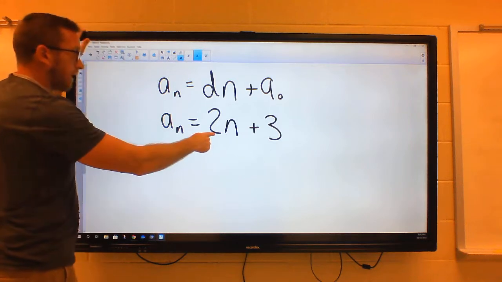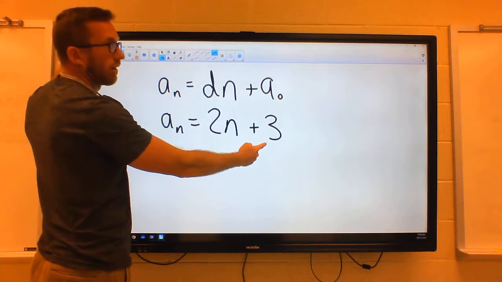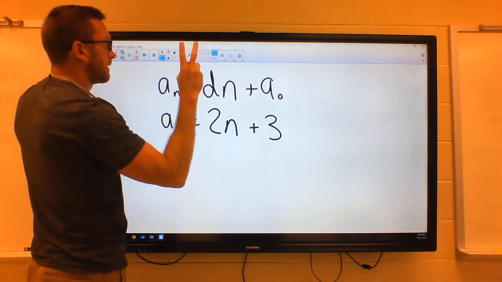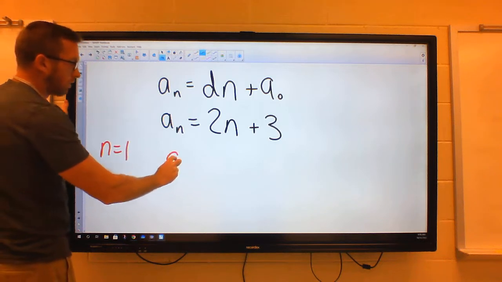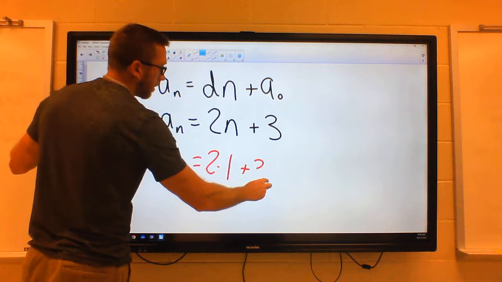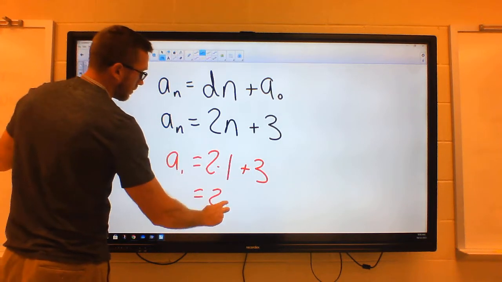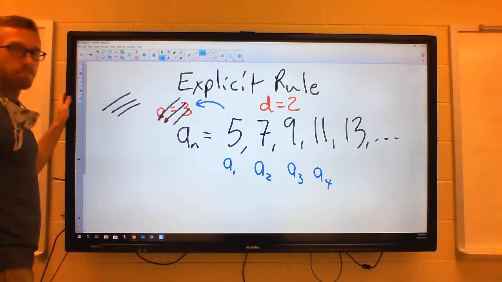And so we've got our rate of change, how much it goes up by, plus, for all intents and purposes, the zeroth term. If we tried this with n equals 1, we could find a1 equals 2 times 1 plus 3. 2 plus 3 is 5. And guess what? That works out.